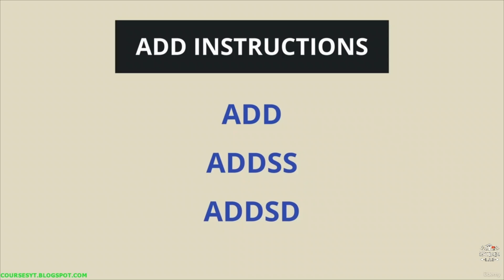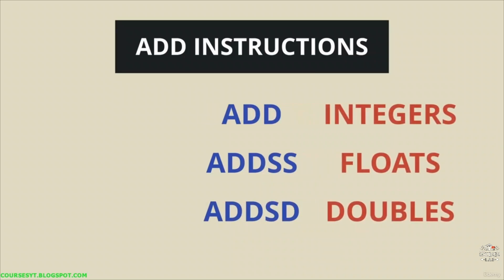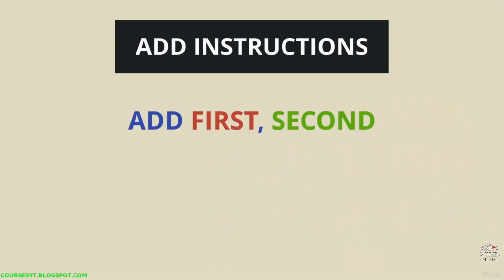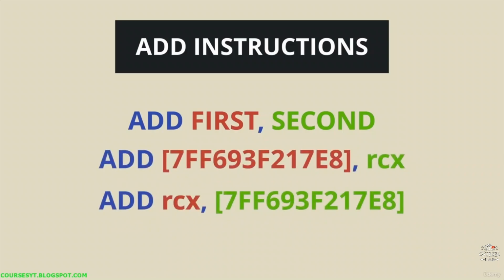Now, we already saw the add instruction before when we were hacking level 1 with code injections. And I just want to point out that, first of all, there's 3 of them. There's the normal add, there's add SS and add SD again. And again, it's the same thing as the move instruction. We have the integer, the float, and the double. Now, the add instruction can take, again, the first and second arguments, and typically, although this is not the example that we saw before, it's going to be an address and a register, or a register and an address.